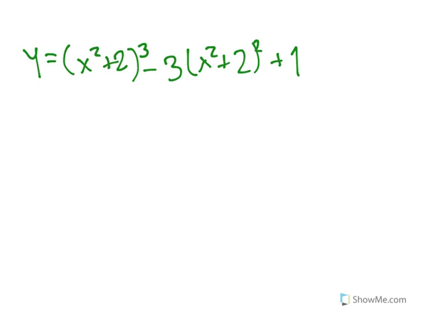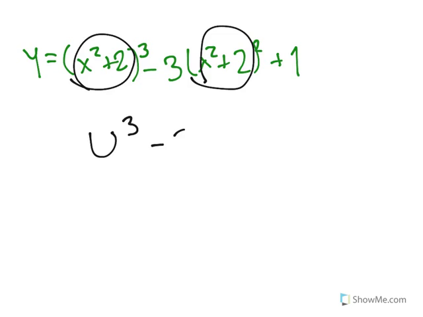In this case, it would be kind of hard to distribute everything, and we can just notice that here we have x squared plus 2 just like here. And this looks a lot like just having u cubed minus 3u squared plus 1, which would be a lot easier to find the derivative of.